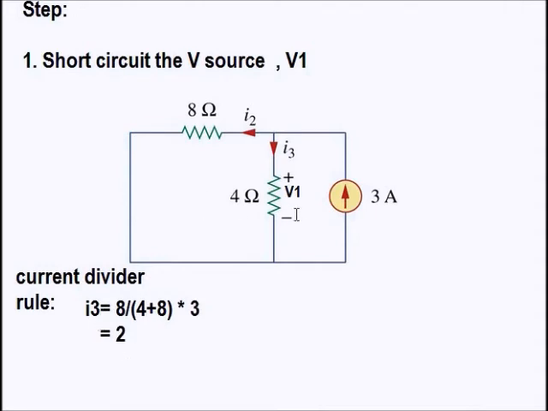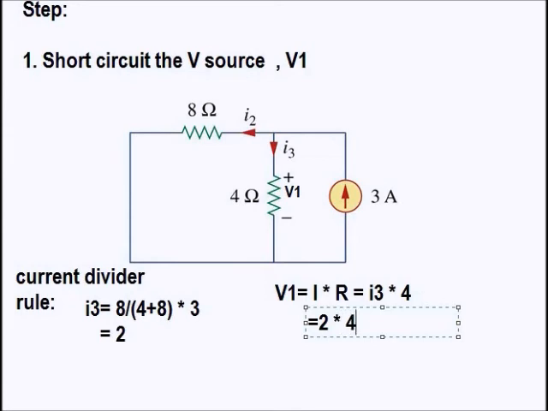You will get I3 equal to 2. How do we calculate V1? V1 equals I multiplied by R. Here I is I3, multiplied by 4 ohm. I3 equals 2 and the resistor equals 4, so V1 is equal to 8 volt.